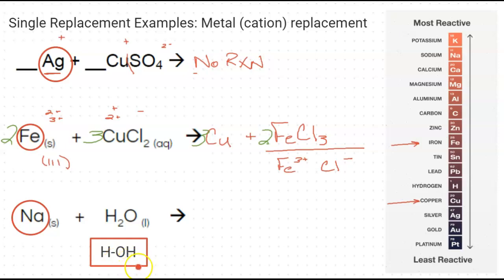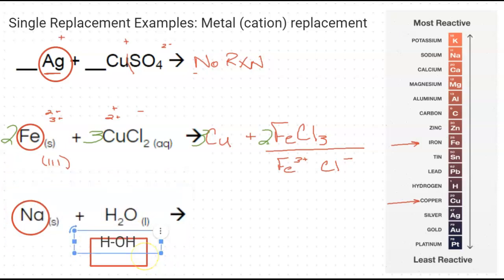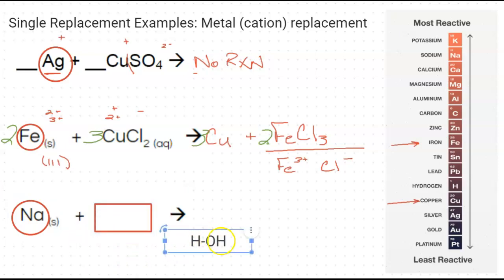That will help you predict products correctly, and it will help you to balance it. So for this one, I'm going to drag up this HOH on top of the formula for water so that we can look at it as HOH and make it just a little bit easier to work with.